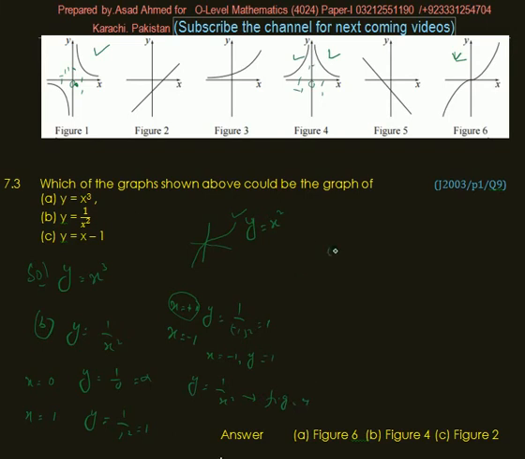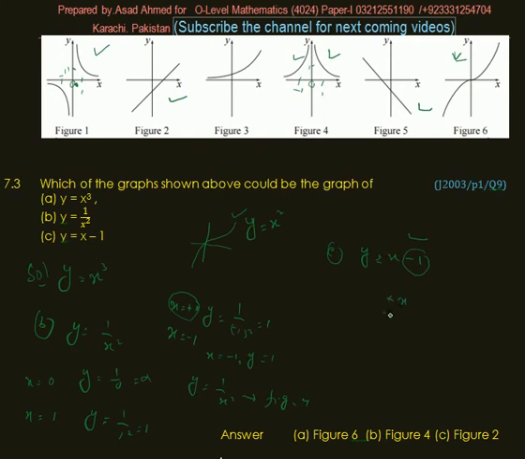Now part C, y is equal to x minus 1. It has a y-intercept, and y is equal to x minus 1 means a straight line. So there are two cases, here and here. These two are the possible graphs of this line. Actually the slope is positive, it is plus x.